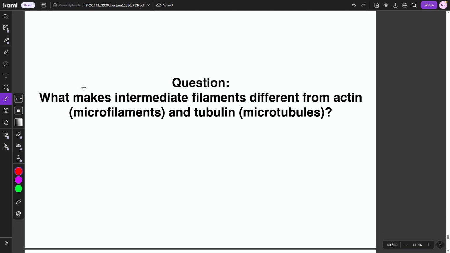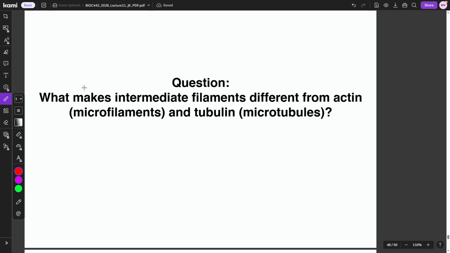So question, what makes intermediate filaments different from actin? Oh boy, there's a lot. There's no nucleotide binding domain. Intermediate filaments don't have plus or minus ends. Intermediate filaments are filamentous, while microtubules and actin use globular proteins.